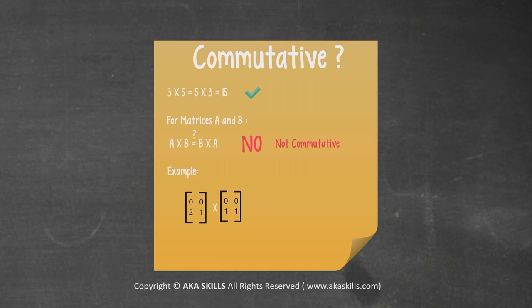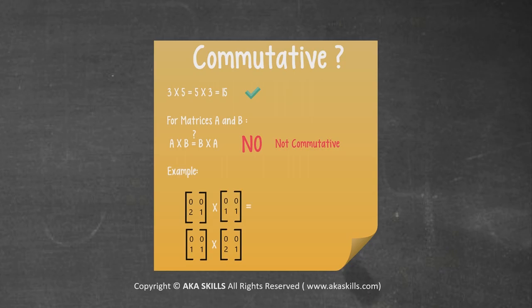So now we have a 2 by 2 matrix multiplied by a 2 by 2 matrix. And what if we invert the order?